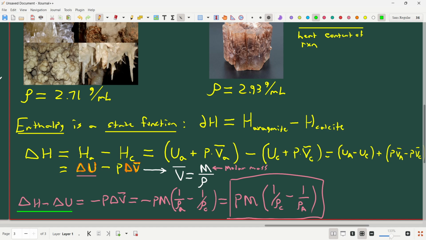We're subtracting off the heat part of delta U, and we're left with an equation that's just a function of the two different densities, right? How the volumes change. It's just PV work. So this is the PV work for the reaction. This is the PV work required for changing allotropes or changing crystal structures.